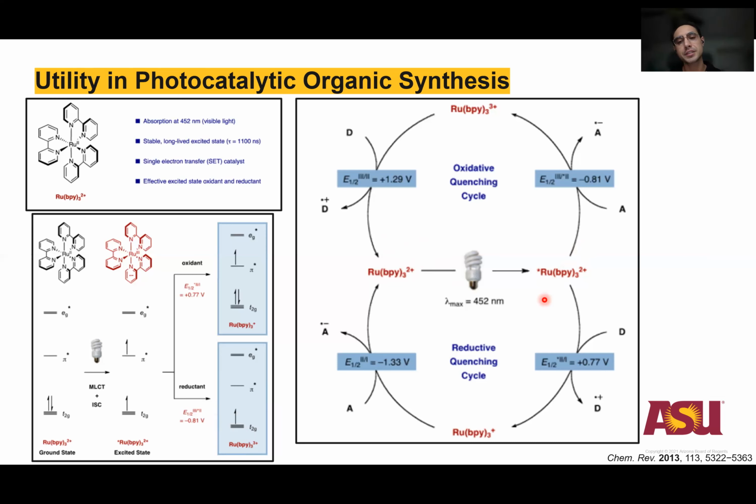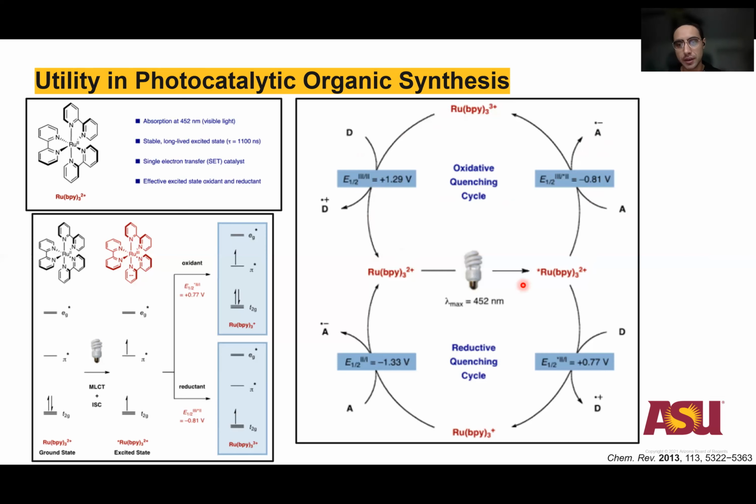If it's oxidatively quenched, that means it's being oxidized by some reaction component to form Ru(bpy)3 3+, and then to close the catalytic cycle, it has to be reduced by some other reaction component to get back to its ground state.